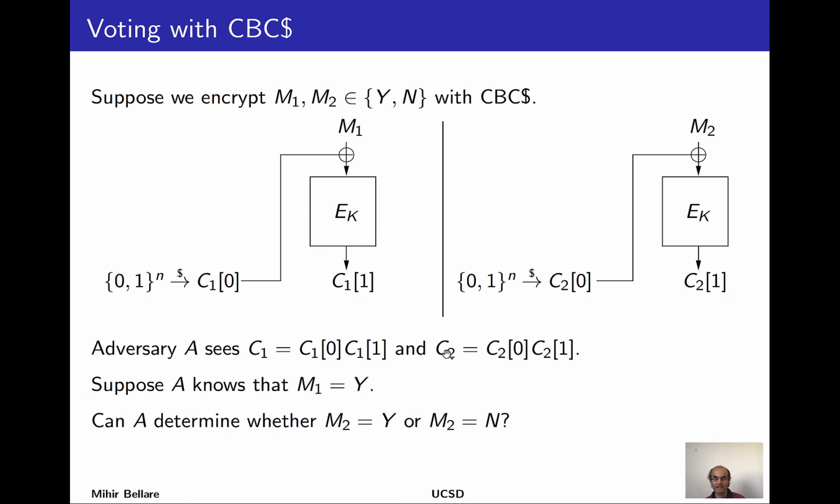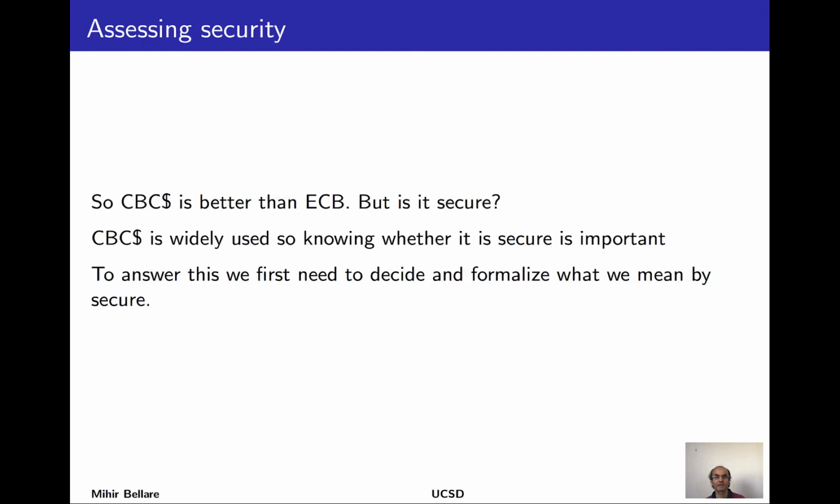How is it going to do that? These two ciphertexts, C1 and C2, are most likely going to be unequal no matter what. Whether M2 is yes or M2 is no, almost certainly they will be distinct. And so that at least is not giving anything away, and it is not clear how the adversary is going to get information. And so you see what's happened is we've gained the ability to add privacy even when there's very little entropy in the data, and that was something we lacked before this.